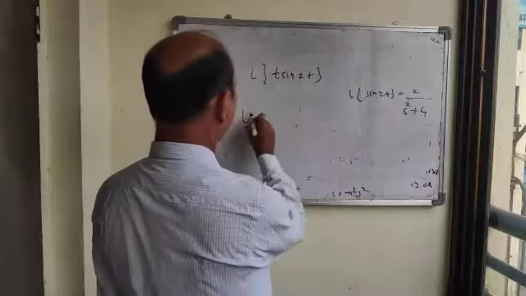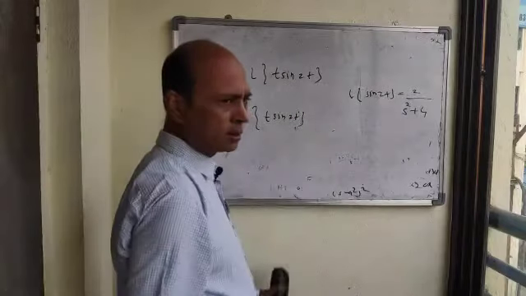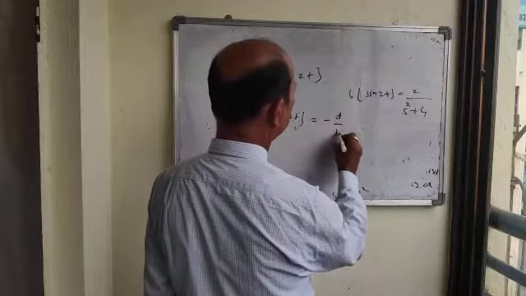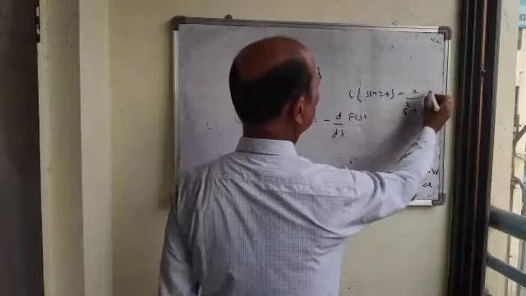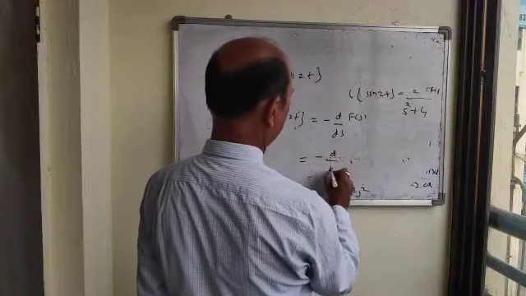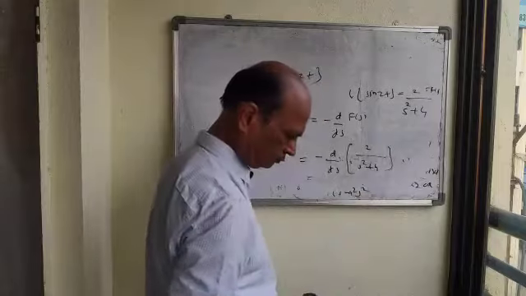So we have to find t sin 2t by applying the result which we have just proved. So L of t sin 2t is equal to minus d/ds of F of s. F of s means this. So that is equal to minus d/ds of 2 upon s square plus 4.